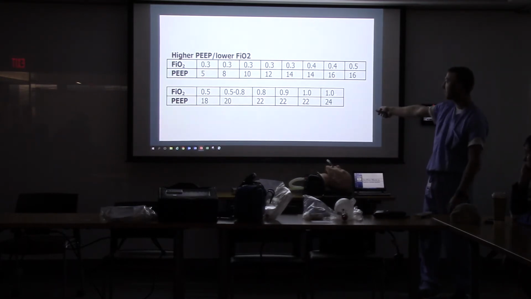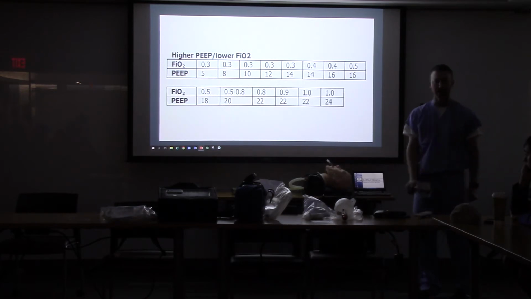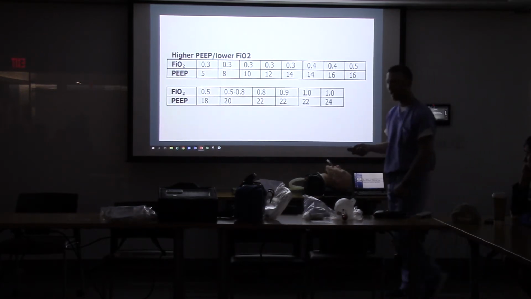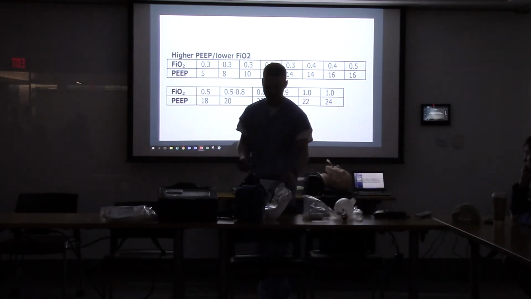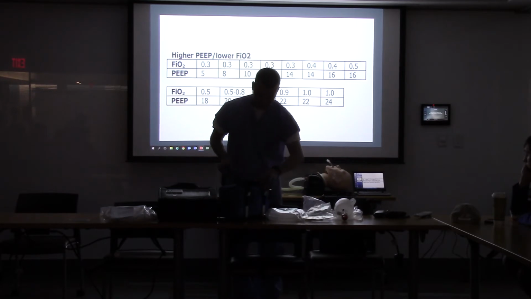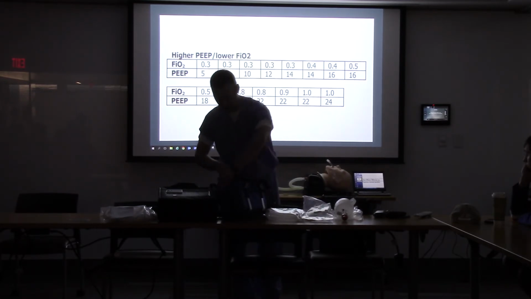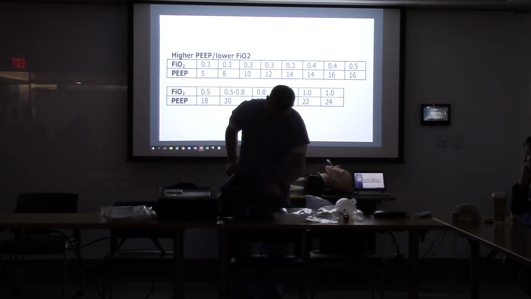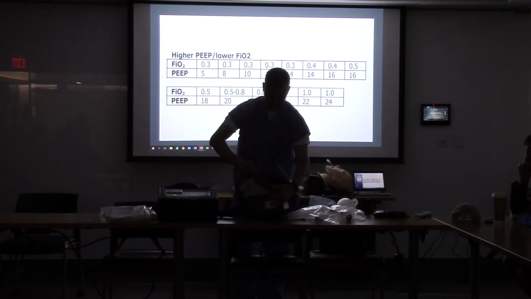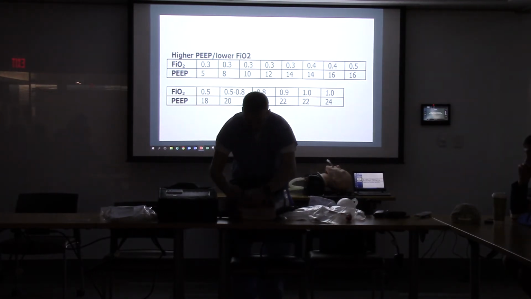So 100% is if you were sucking right off the bottle, or on a ventilator that asks you what your FiO2 is. I'll show you this more later, but even this vent, our stupid vent, has a knob right here for either 100% or down to 50%.